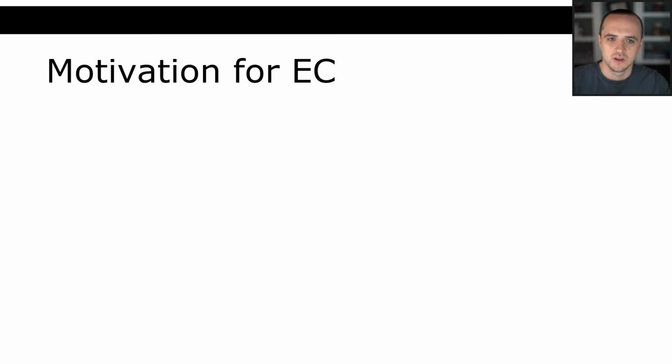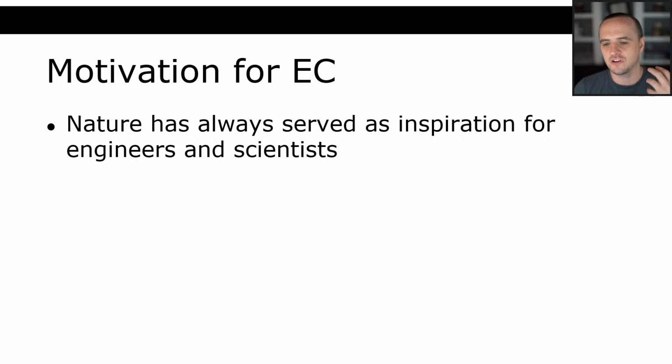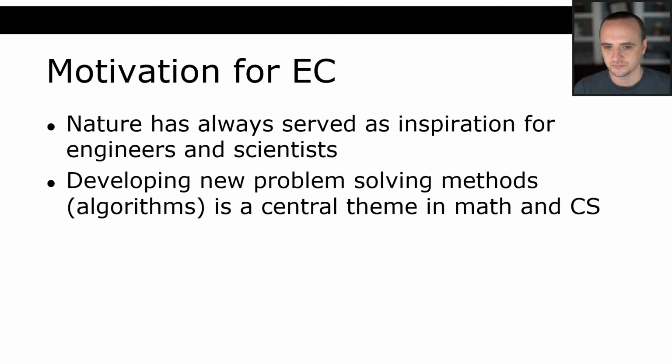So, all right. Why do we want evolutionary computation? We've talked about evolution and how that works in the environment and in the real world. What about evolutionary computation? So nature has always served as an inspiration for engineers and scientists, right? We get a ton of information from the environment and from nature. Developing new problem-solving methods or algorithms is a central theme in math, in computer science.